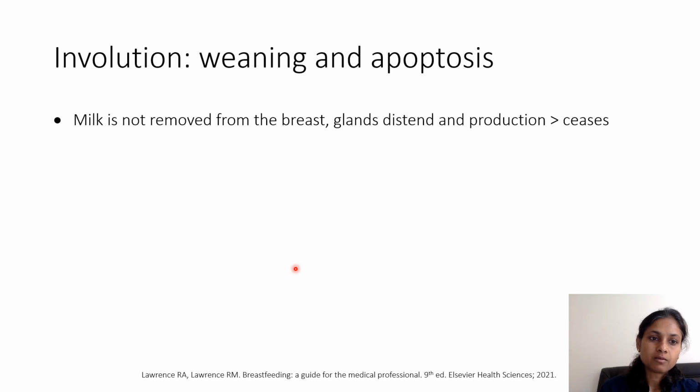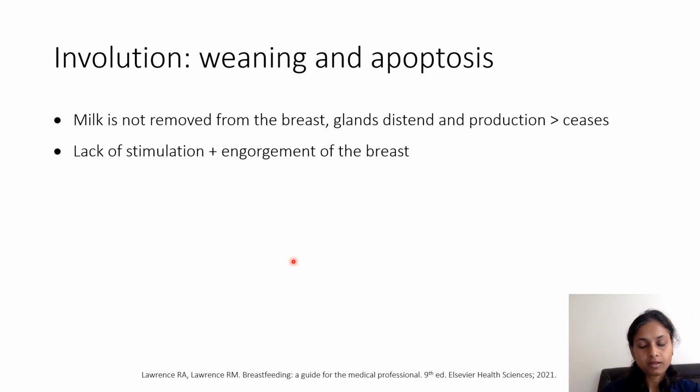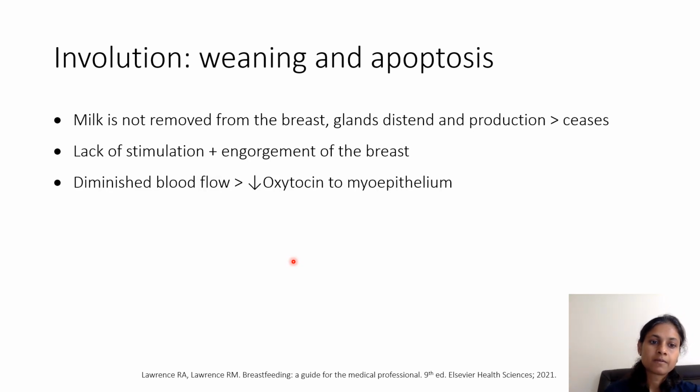Finally, when milk is not removed from the breast, the glands start distending and production over a period of time ceases. This process is called involution, which occurs once you have stopped weaning or breastfeeding, where apoptosis, that is cell death, occurs of the secretory epithelium. This is because of lack of stimulation, plus engorgement of the breast, which reduces the blood flow, which in turn reduces oxytocin and its activity on the myoepithelium.